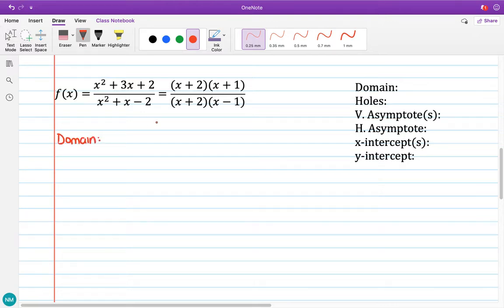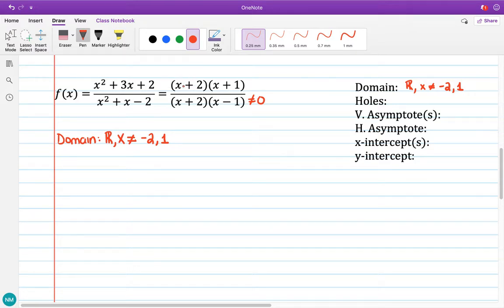I already factored it beforehand just to save some time in the video. So the domain is when the denominator cannot equal 0. So it's going to be all real numbers, but x cannot equal -2 and 1. So I'm going to write that here: all real numbers, but x cannot equal -2 and +1.